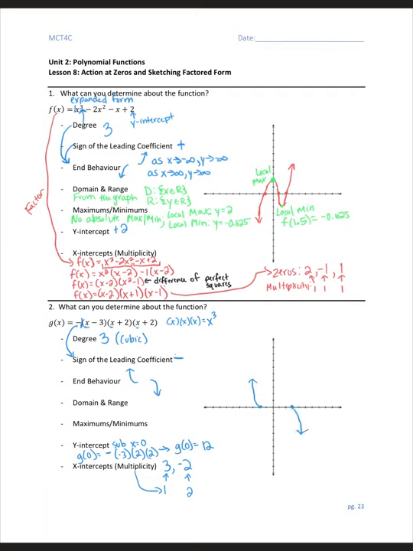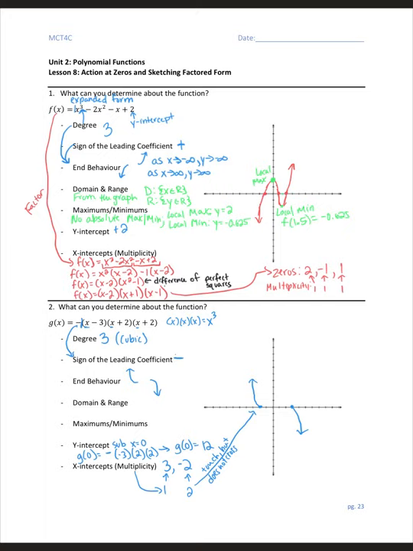Now we take a look at what's happening at these zeros. Well, we know that this one has a multiplicity of 2, so it's just going to touch, but does not cross, right? Because it has a multiplicity of 2. So it's going to touch at that point, and then it's going to continue back up.